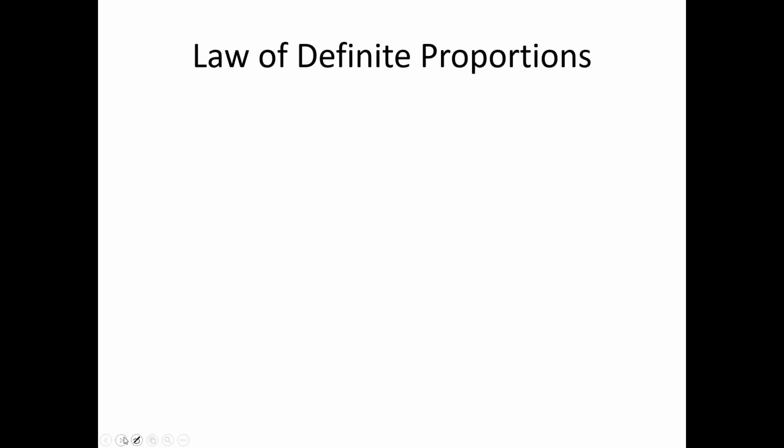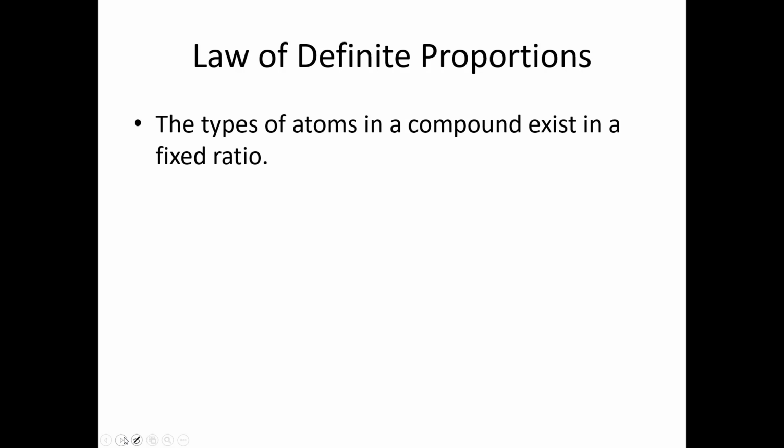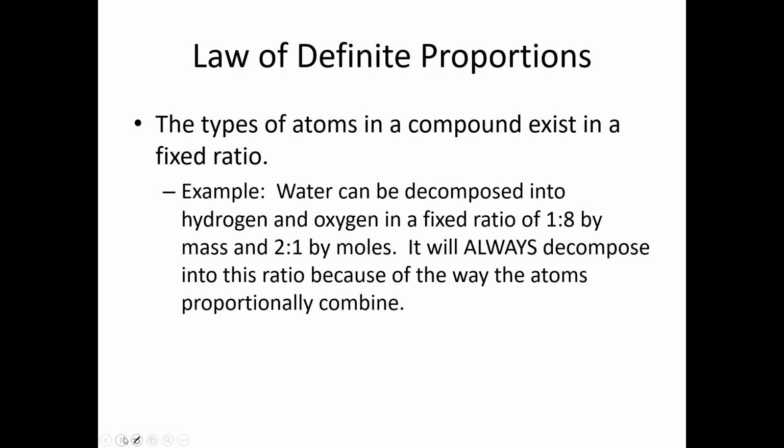But let's tie this up with a little bit on the law of definite proportions. The law of definite proportions says the types of atoms in a compound exist in a fixed ratio. For example, water can be decomposed or broken down into the hydrogen and oxygen that make it up in a fixed ratio of 1 to 8 by mass or 2 to 1 by moles. It will always decompose into this ratio because of the way the atoms proportionally combine.